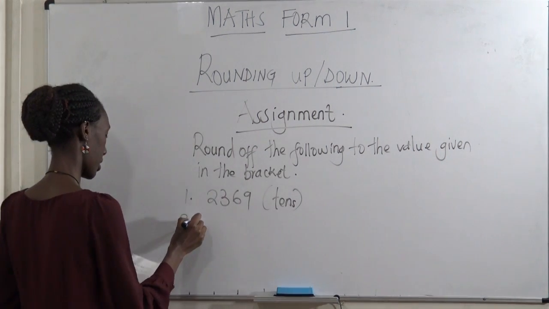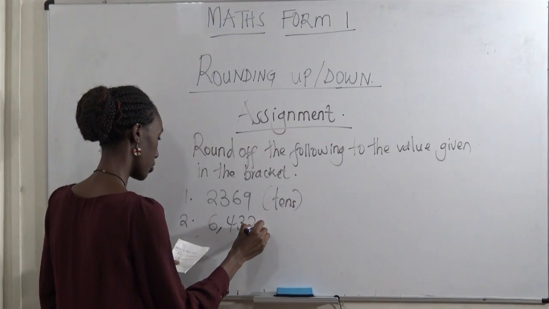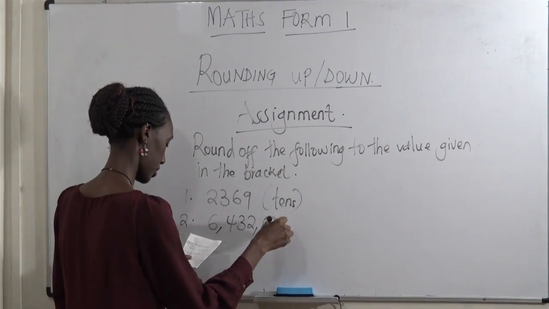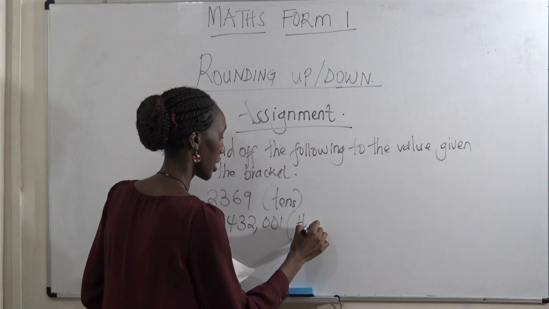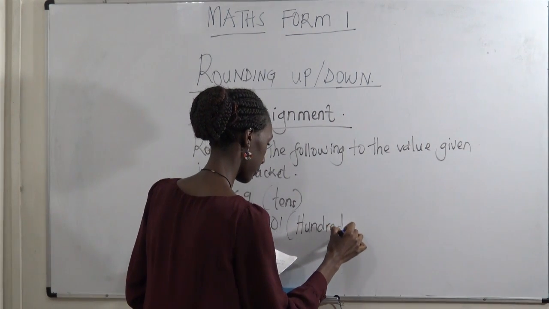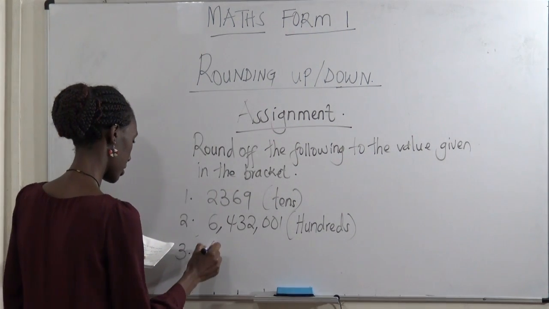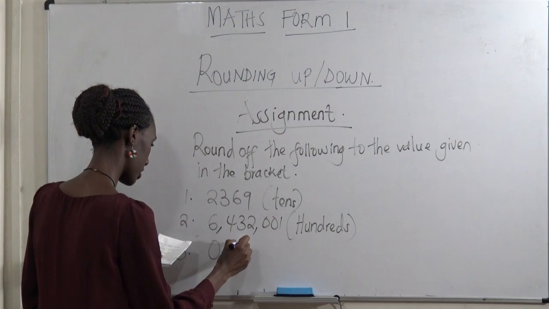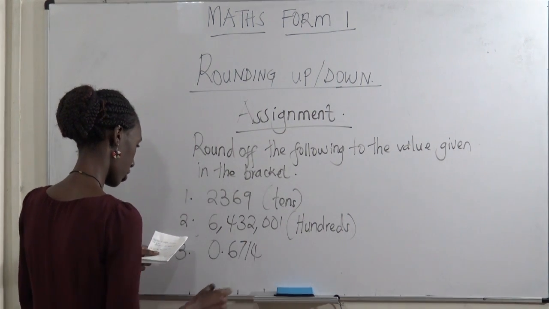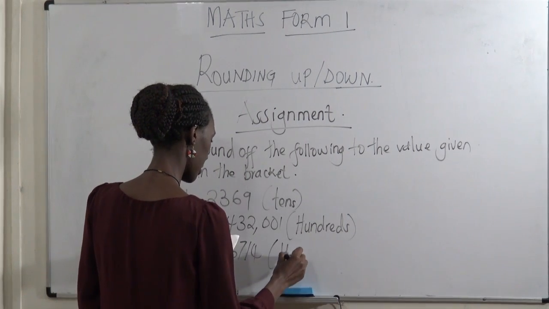The second number is 6432001. You round it to the nearest hundreds. And the last one is 0.6714. You round it to the nearest hundredths.